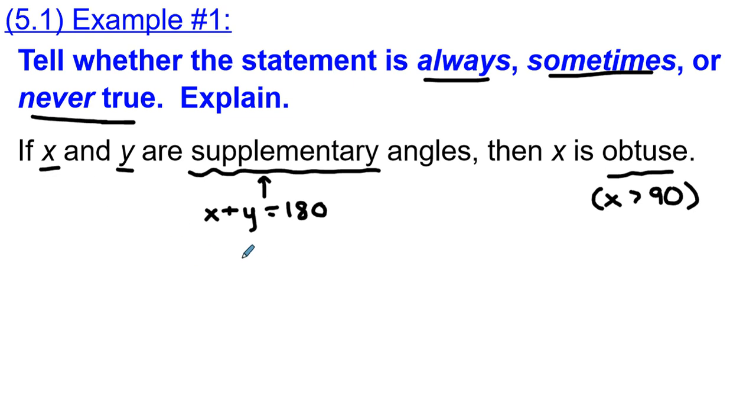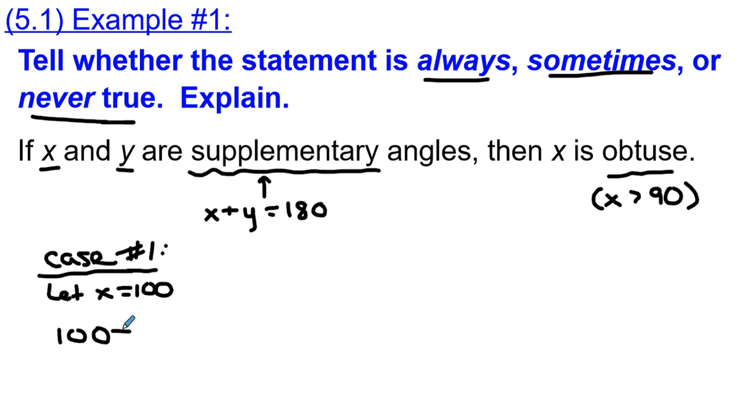So let's see. If x and y add to 180, does x have to be greater than 90 degrees? Well, let's think of some different possibilities. So I'll say case number one. Let's try to make this true if I pick a number greater than 90. Let's say I let x equal 100 degrees. So that's an obtuse angle. So if I say x is 100 degrees, I don't know what y is yet. So what would y have to be to have 100 plus some value to get 180?